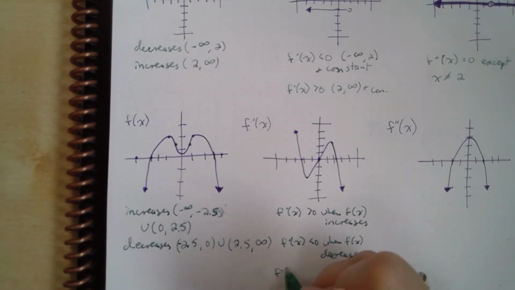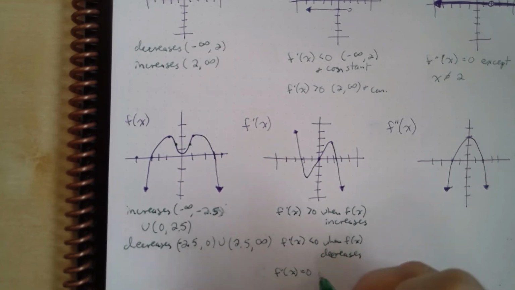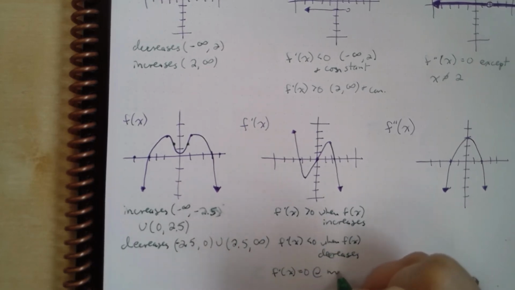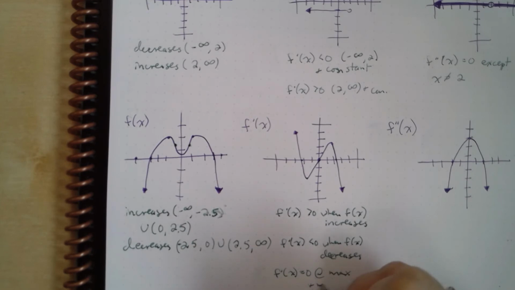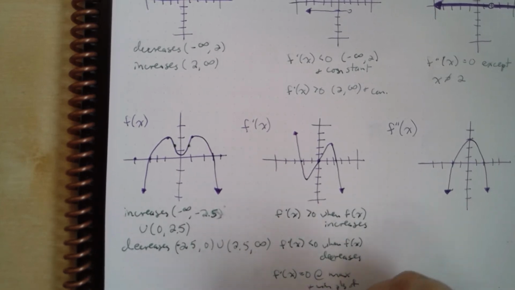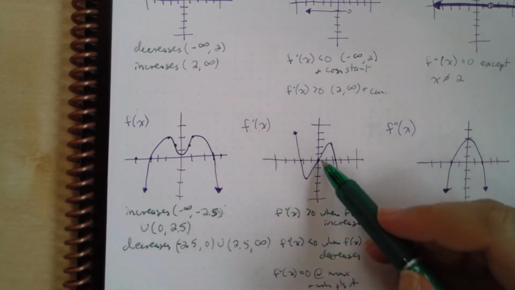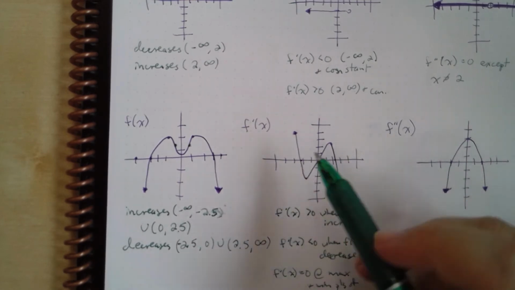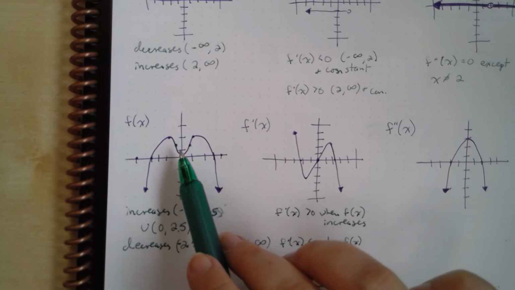And f prime of x is equal to 0 at the maximum and minimum points of f of x, right? So at 0, 0, 0, those were our maximum and minimum points here, yes?